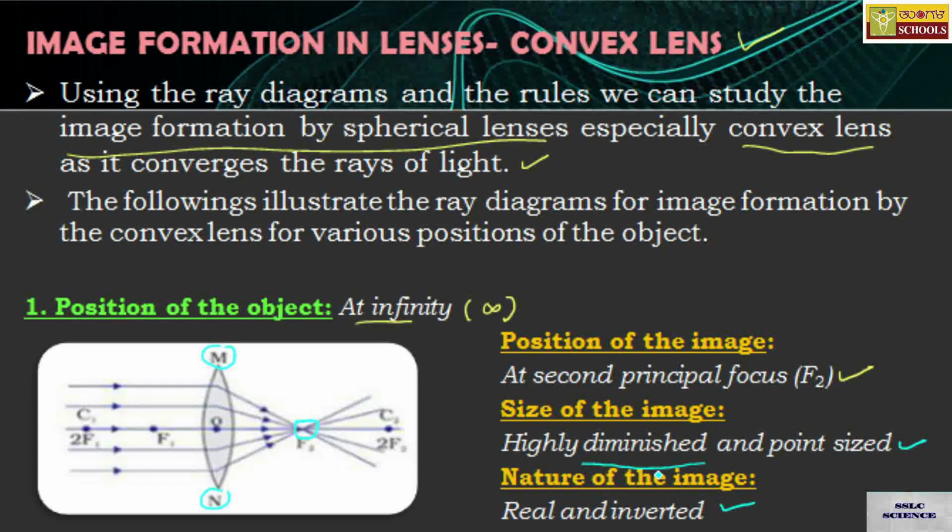This is the interesting position, because we have already experienced this kind of activity, the paper burning through a magnifying glass. So paper burning through a magnifying glass is the exact position where the object is at infinity. You will have its principal focus f2.